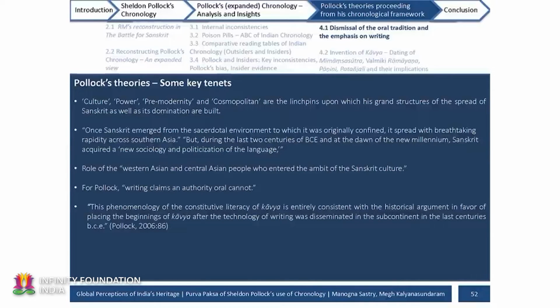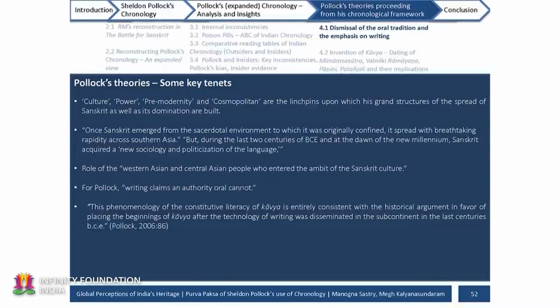He then heralds writing as one of the game-changing moments that transformed the way Sanskrit was used, and attributes this introduction of writing to the origin of kāvya. For Pollock, writing claims an authority the oral cannot, and this viewpoint is important for his political lens, right?